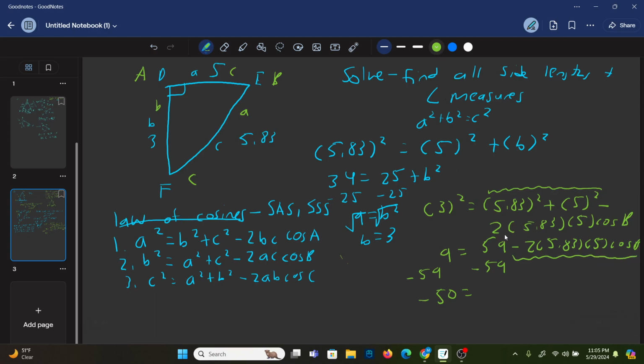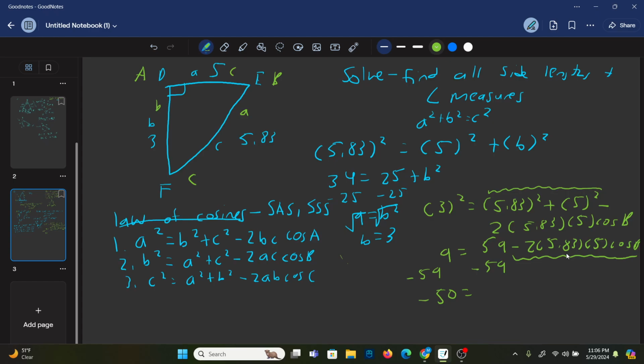We do not subtract this from both sides because this is included with the cos b. So we actually need to divide that. We can subtract this because it's not included, but this is included with the cos b, and it's multiplied, so we need to divide this entire thing. But we're just going to simplify that first.